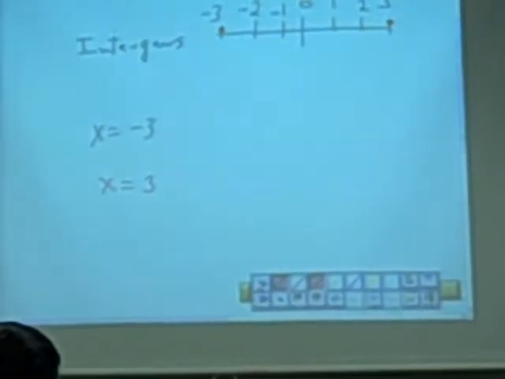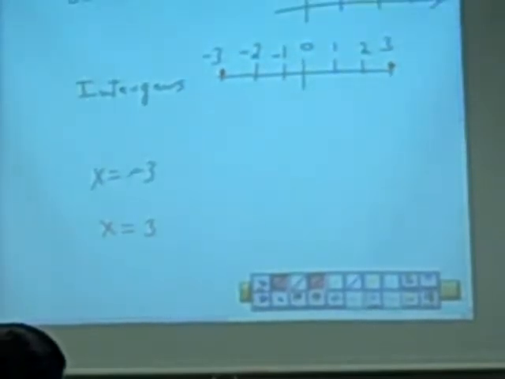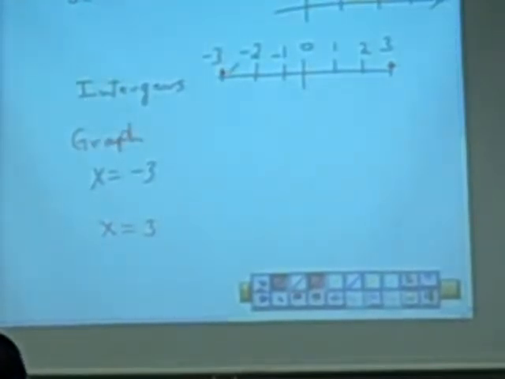So if we wanted to graph x equals -3, we want you to draw a number line and put a dot on that number, wherever that may be.